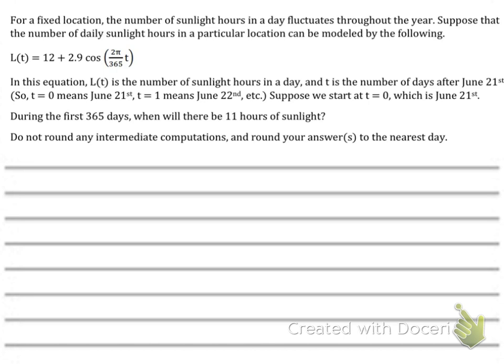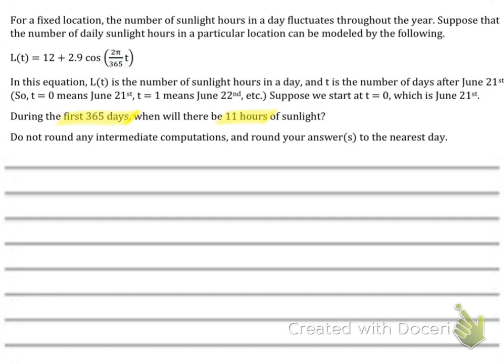So we have a real world situation here, right? So this is the number of sunlight hours in a day. Here's my equation. They want to know during the first 365 days, when will there be 11 hours of sunlight?